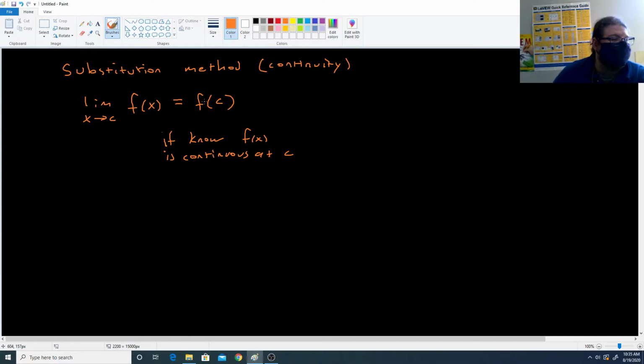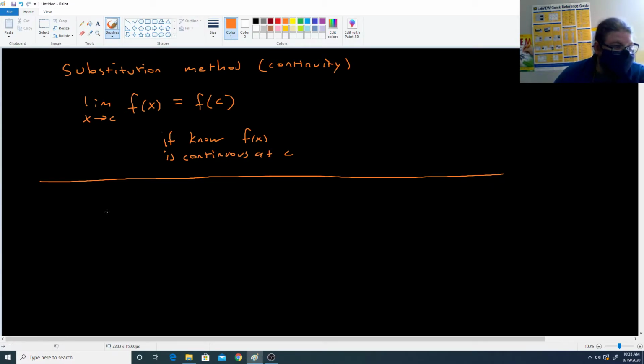So to evaluate the function, we can evaluate it by replacing the x's in the function with the c. Since we're plugging it in, that's kind of why they call it substitution method. So we're going to look at a few examples of how this works and see how that goes.